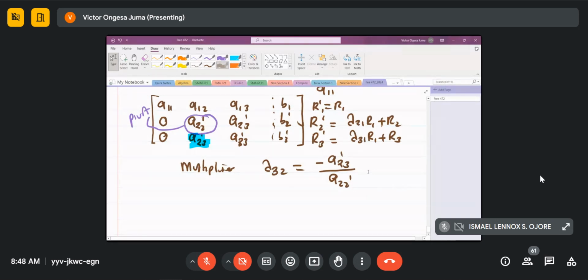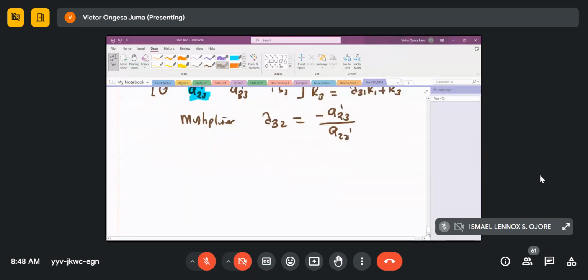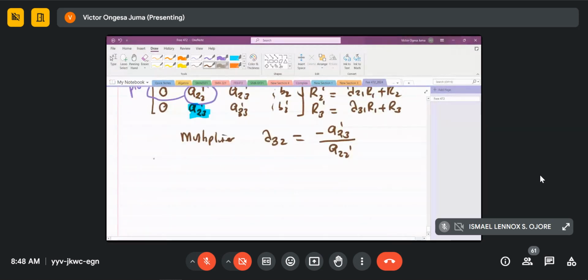And so if you follow this procedure again, remember now when I do this, I have not done anything to row 1. So that one remains the same as row 1, A13. Then this is B1, right? Now this just remains as row 1. In these new things I've done, I've not done anything to row 2. So I can now say the new row 2 is just the same as what?